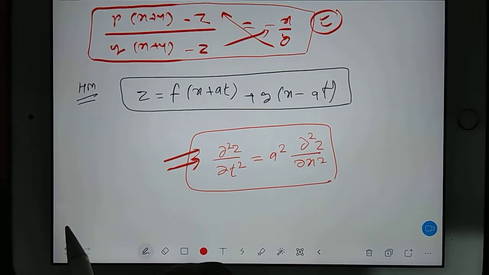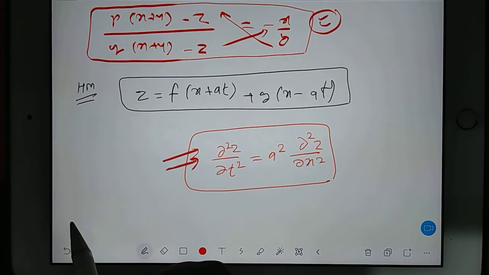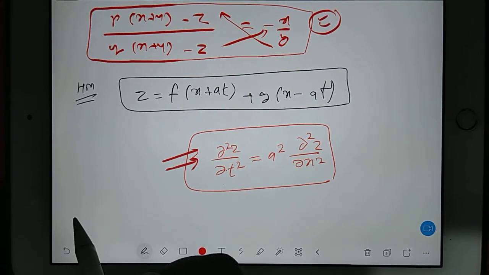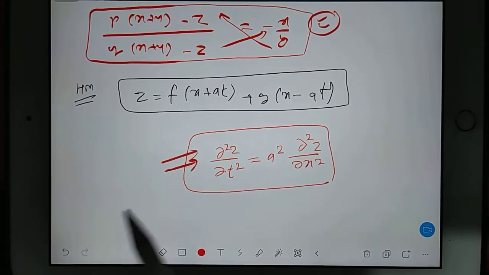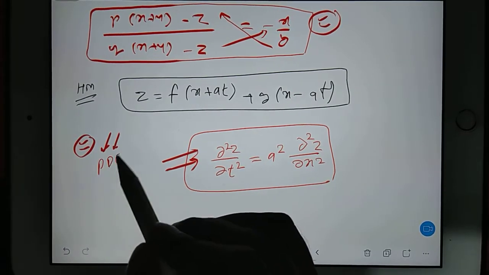Now we have learned how to convert any given equation into a partial differential equation.